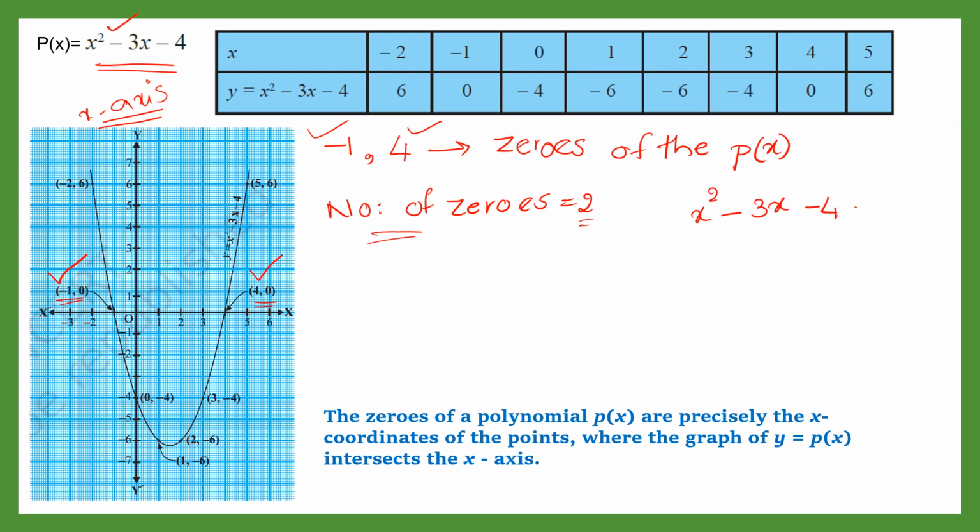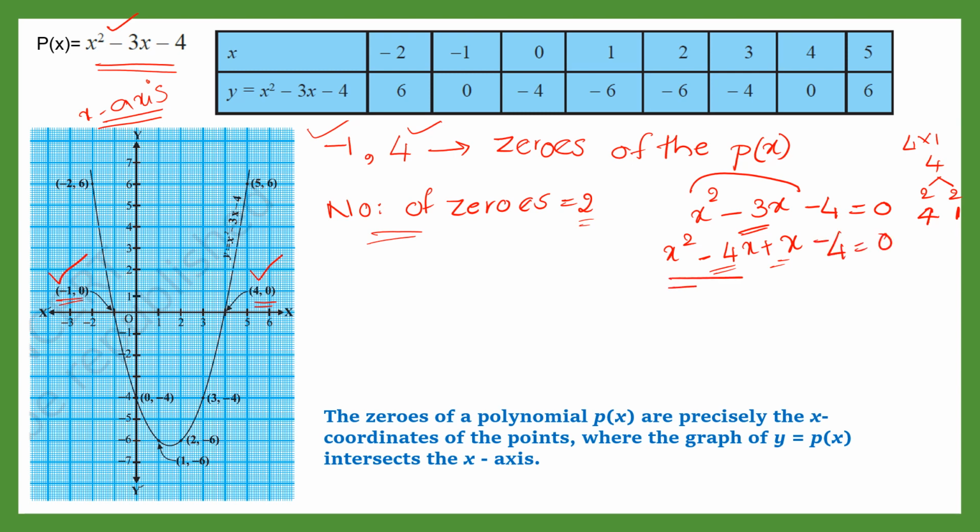x square minus 3x minus 4 is equal to 0. How can you split it? Using 4 and 1: 4 into 1 is 4, and 4 minus 1 is 3. By the splitting method, you can write x square minus 4x plus x minus 4 is equal to 0.